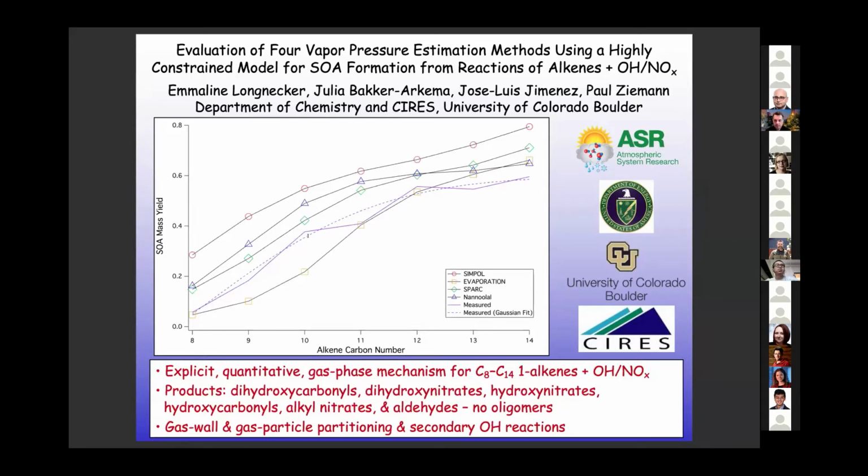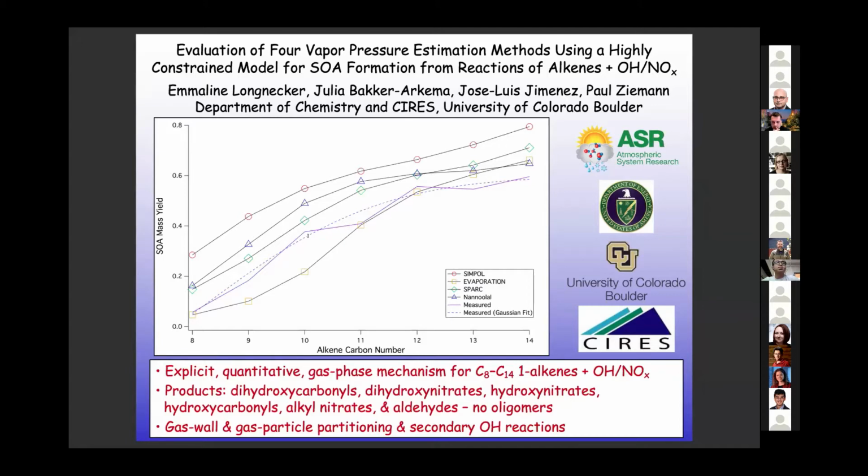What they have done here is that they studied a system of SOA formation from C8 to C14 1-alkenes with OH and high NOx. This is a system for which the mechanism is very clear and oligomers are not formed.